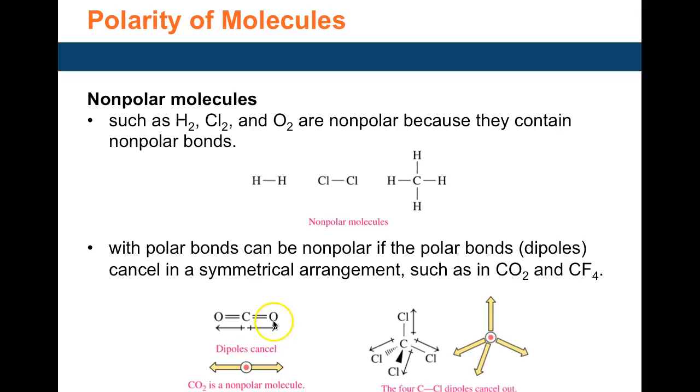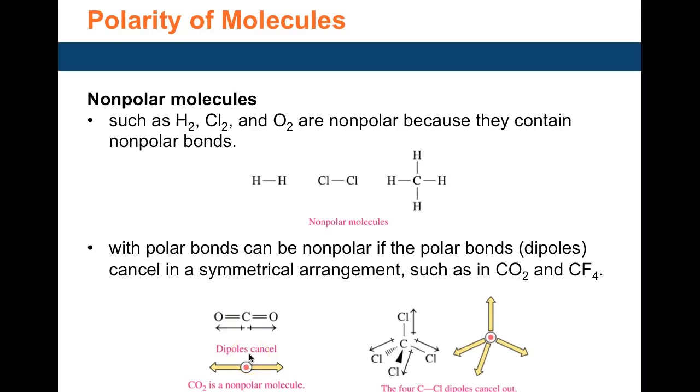Remember, the arrowhead is towards the more electronegative atom, which in this case is oxygen, because it has a value of 3.5. The magnitudes of these dipoles are the same, 1, but in opposite directions, so they cancel. So even though the bonds in carbon dioxide are polar, the molecule is non-polar because the dipoles are canceling.